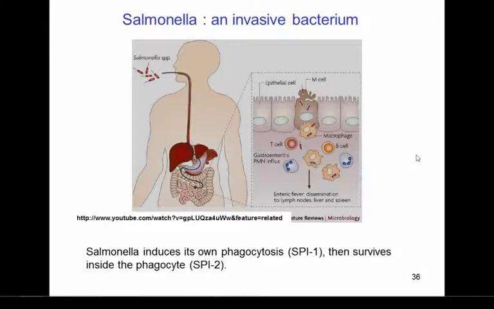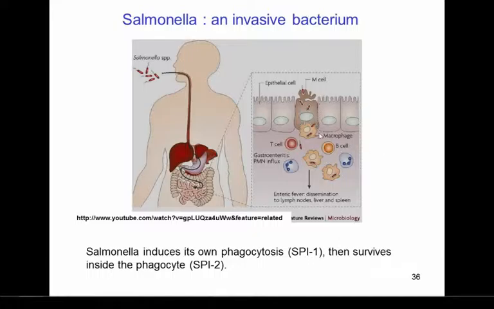Okay, so what is the disease process? It's an invasive infection. People get fever and stomach cramps. Cholera doesn't cause the same types of symptoms, for example. So what is happening? The bacteria arrive in the lumen of the gut, and they induce their uptake by bacterial proteins coded on Salmonella pathogenicity island 1.